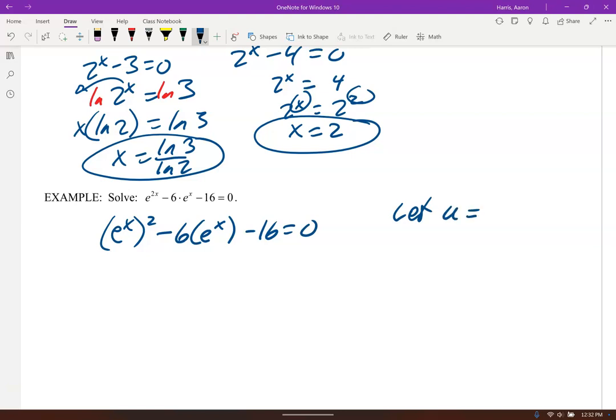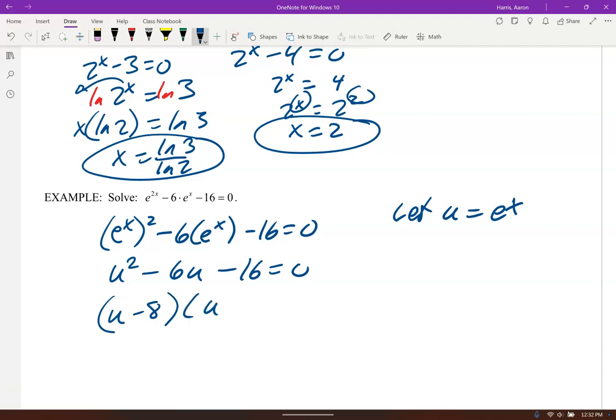So we're letting u be e to the x. So this is u squared minus 6u minus 16 equals 0. Let's see, that'll factor into u minus 8, u plus 2, or e to the x is our u, minus 8, e to the x plus 2.